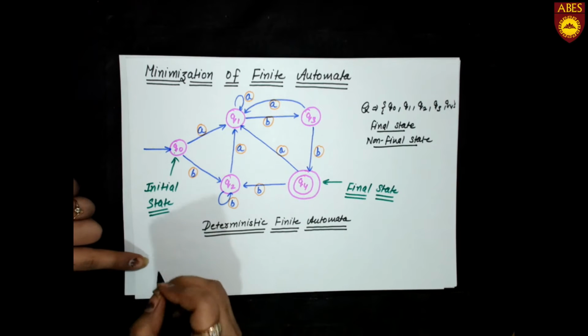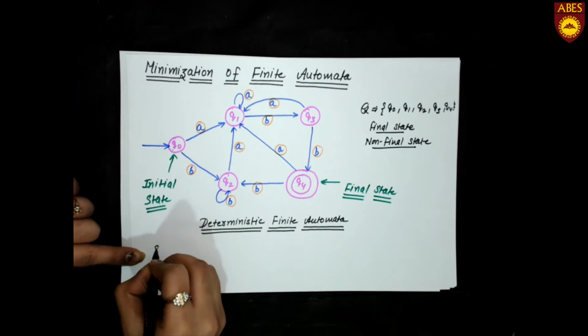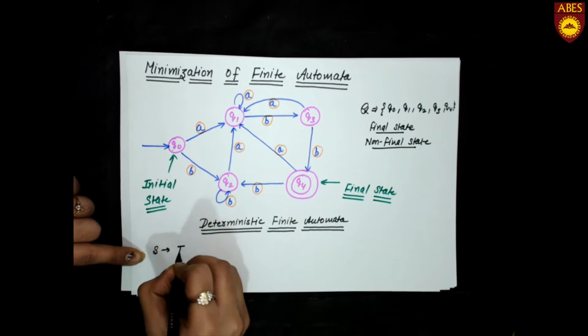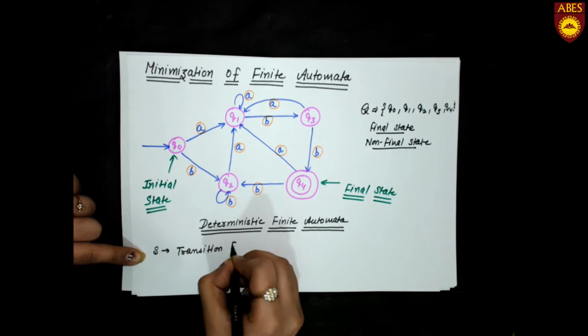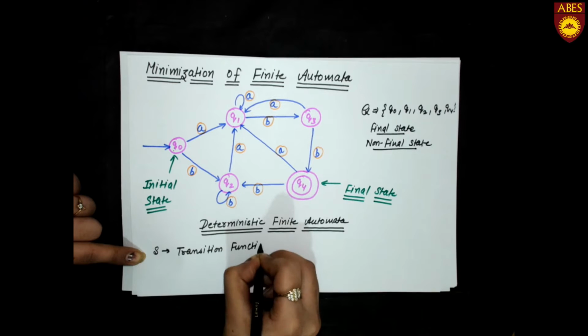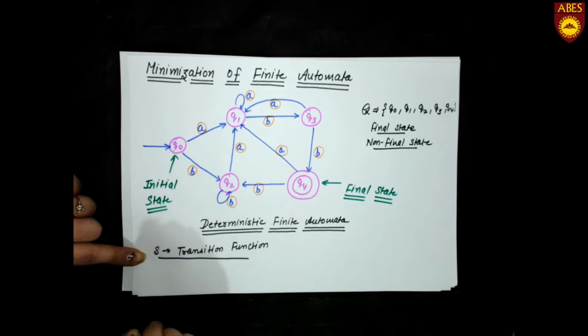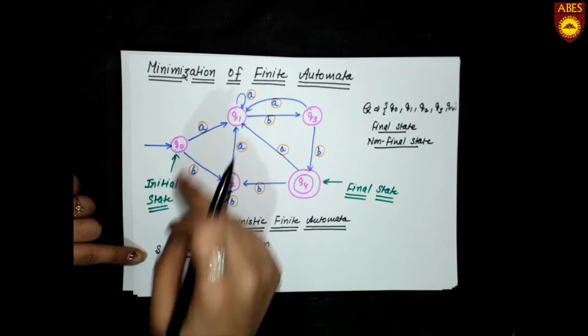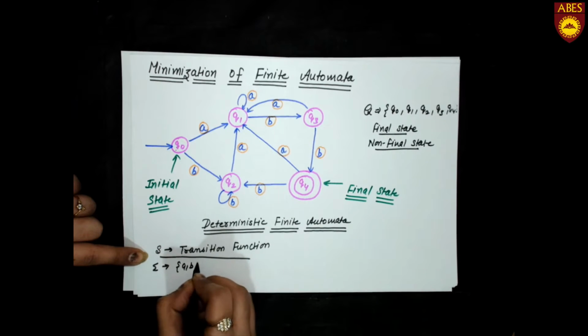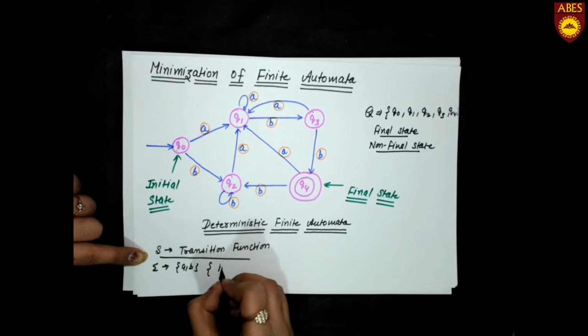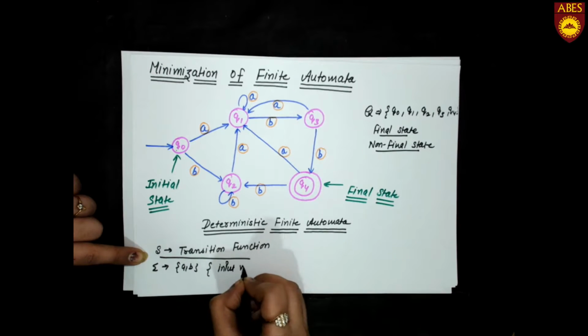The second thing I would like to explain is delta. Delta is the transition function. One thing more, A and B are input variables.